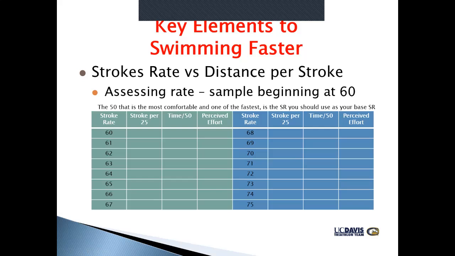That way you can get an idea of where you felt the most comfortable and had the fastest time swimming those 50s. That would be at least your base stroke rate, and then you can use that for determining where you're going to make your improvements.